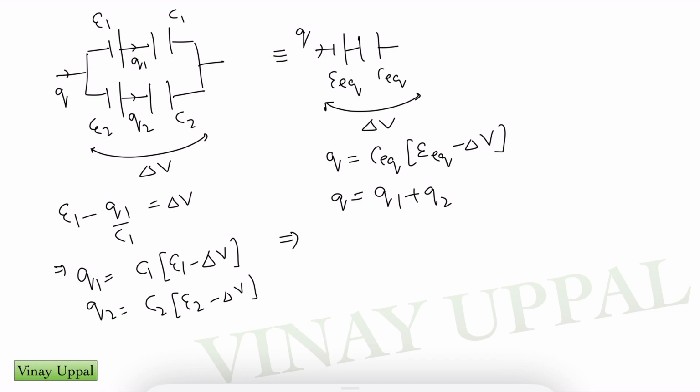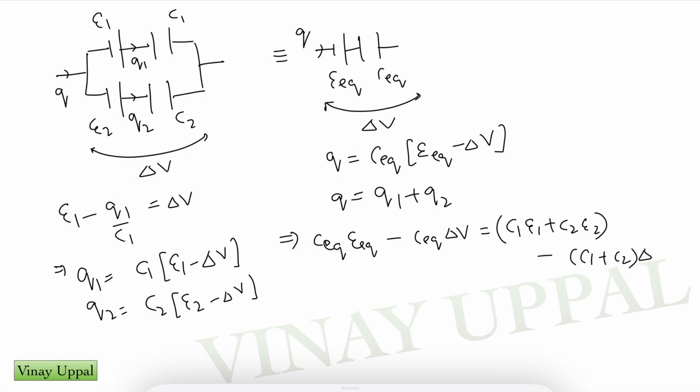And so I'll have C equivalent E equivalent minus C equivalent delta V should be equal to C1 E1 plus C2 E2 minus (C1 plus C2) times delta V. Now this is very similar to what we did in the resistance case. Once again, I'm going to compare the coefficient of delta V. Delta V is the variable here.